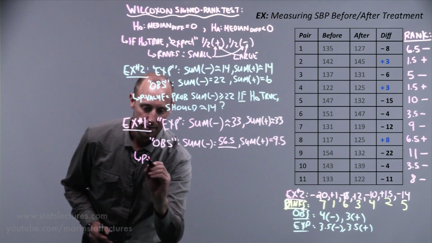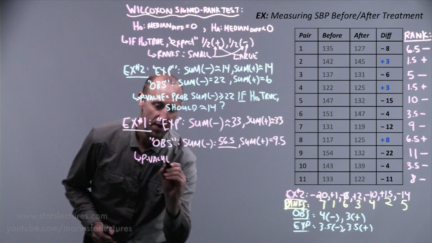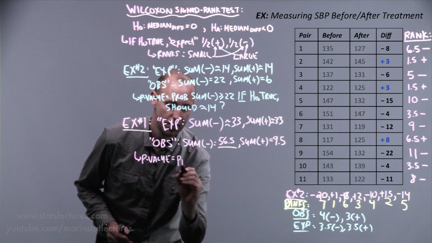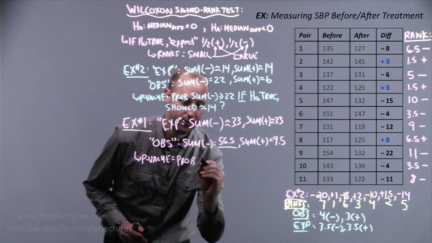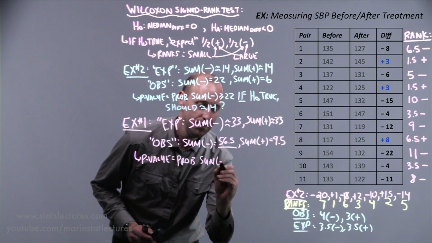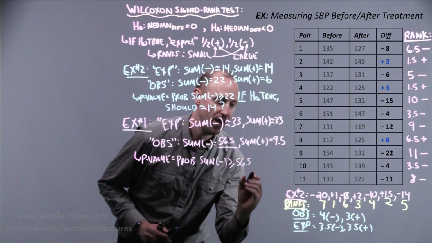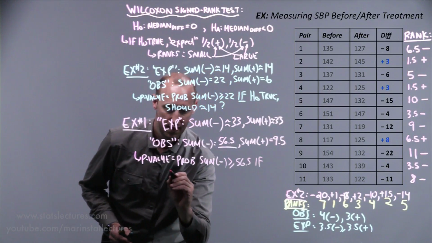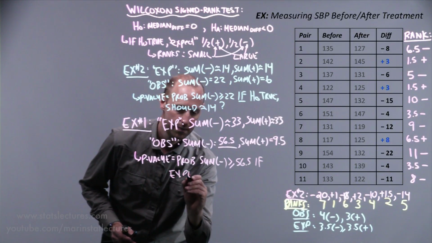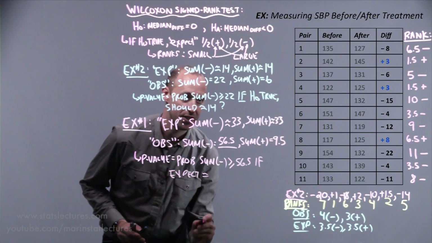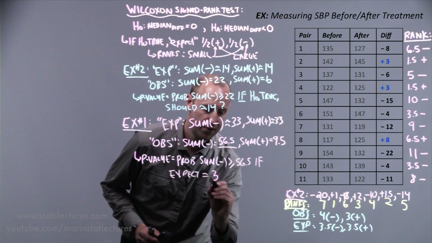Again, this tells us the probability of observing the sum of the negatives being greater or equal to 56.5 if, in reality, the null is true, and we'd expect it to be roughly 33.